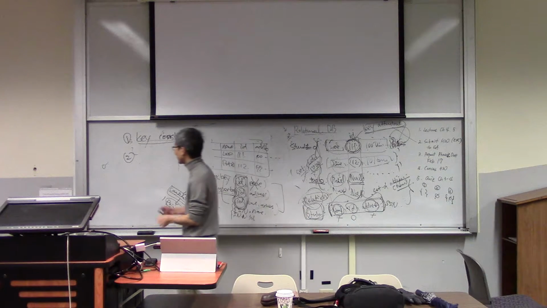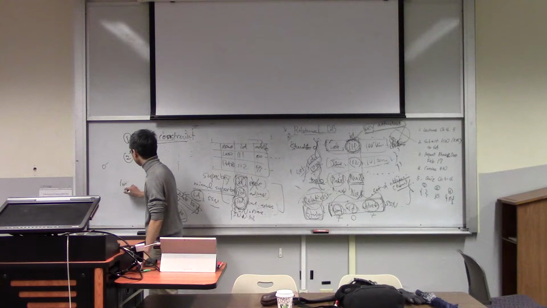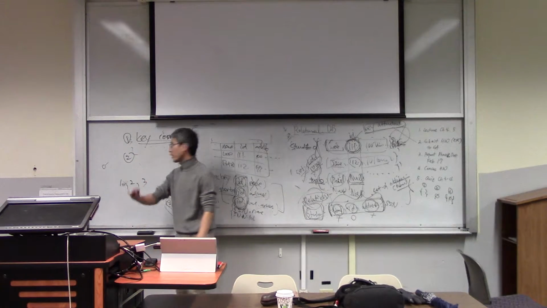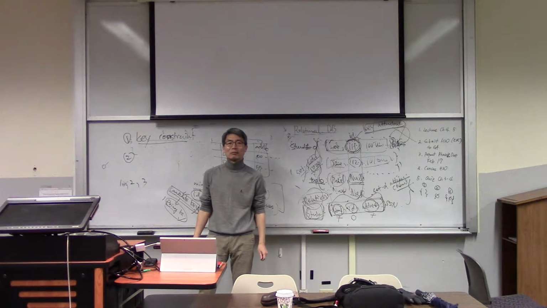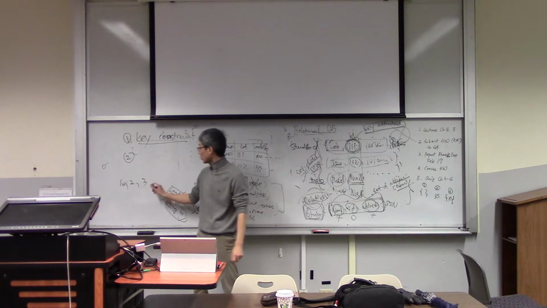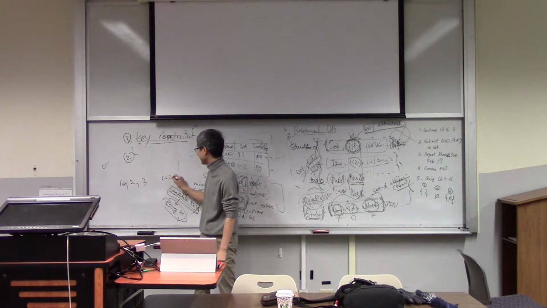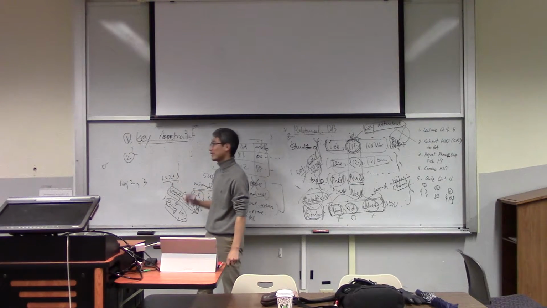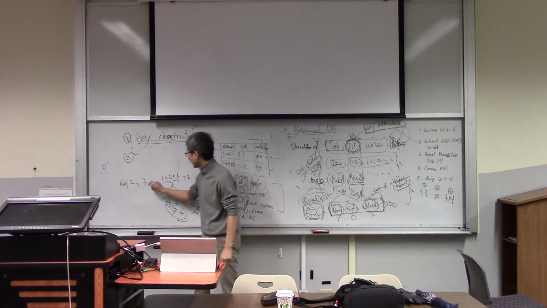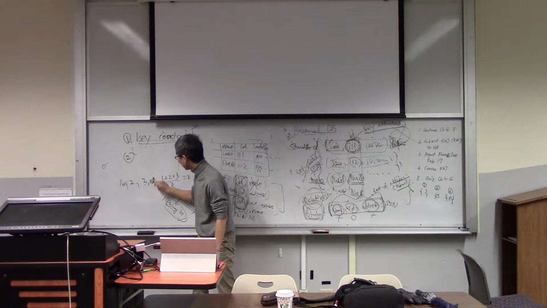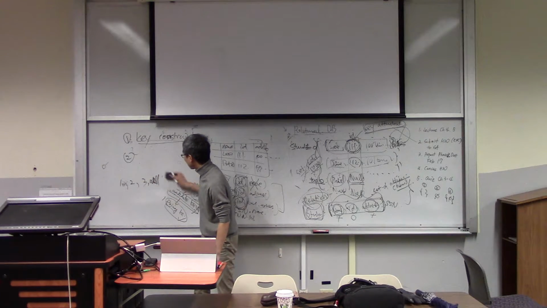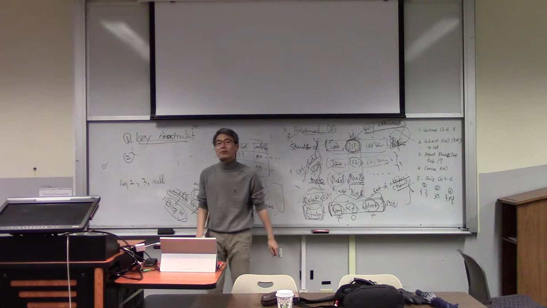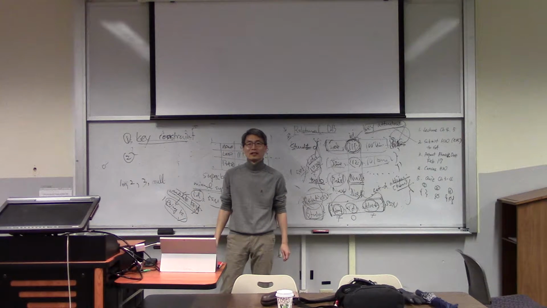Another example: what is the average of these 3 numbers? The mean value. 1, 2, 3. The sum is 6, divided by 3, right? It's a 2. What about this one? 1, 2, 3, null. What is the average of this? 2.